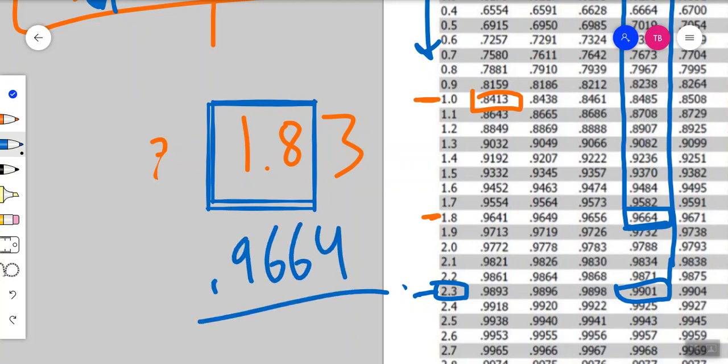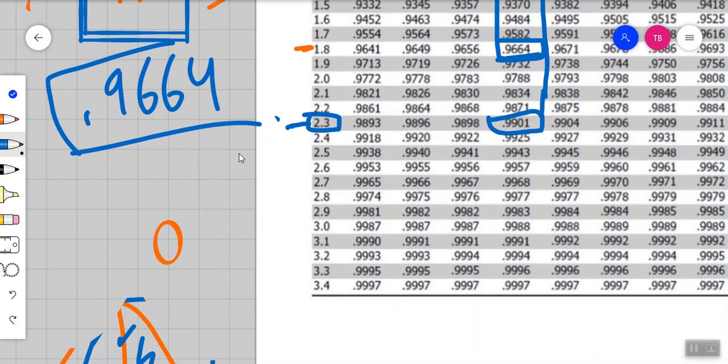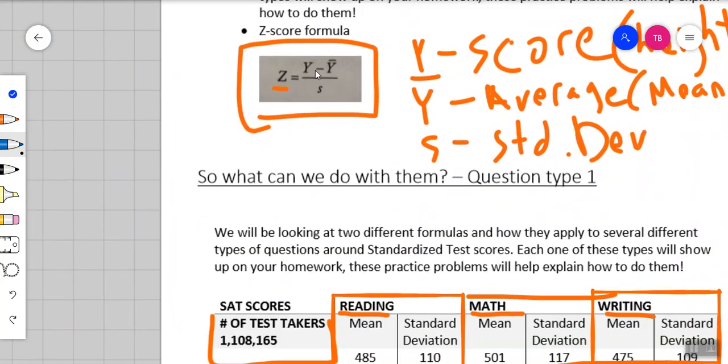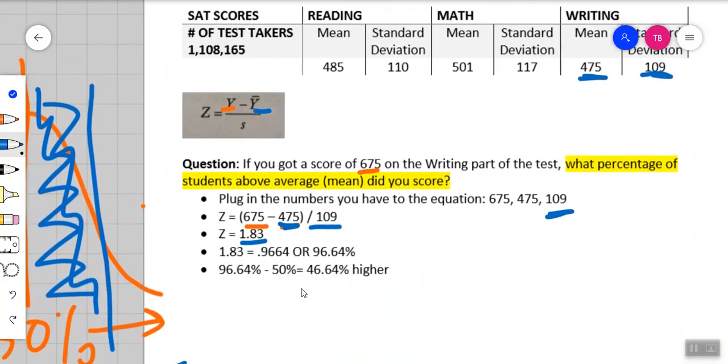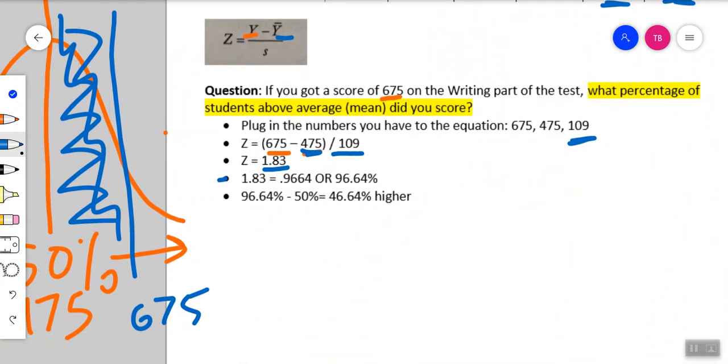Let's go ahead and take that down first before we convert anything. The 0.9664, that's the decimal we got. So we'll go down here. You can see in this step, we got the 1.83, which is 0.9664.